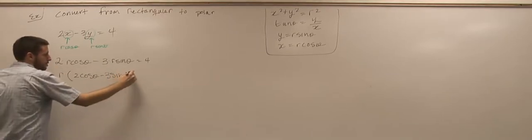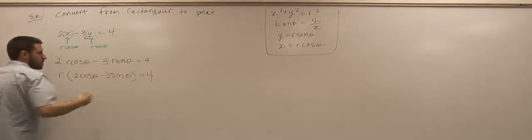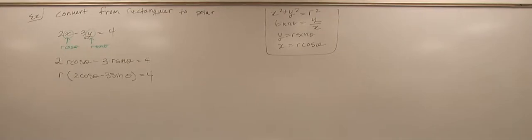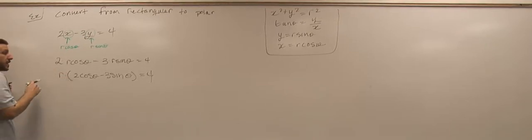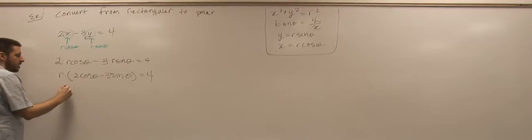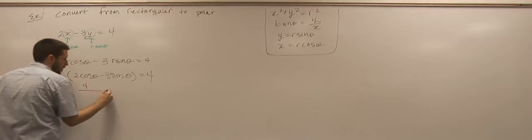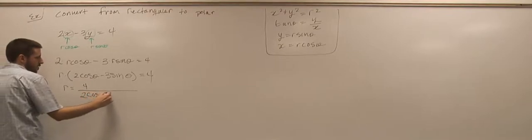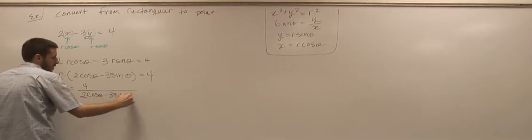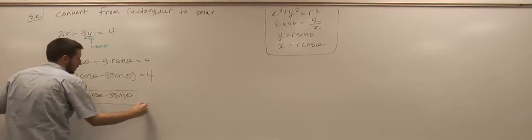And then since these are connected by multiplication, I can divide to isolate r. So this is my polar equation.